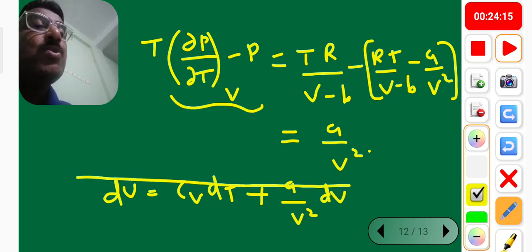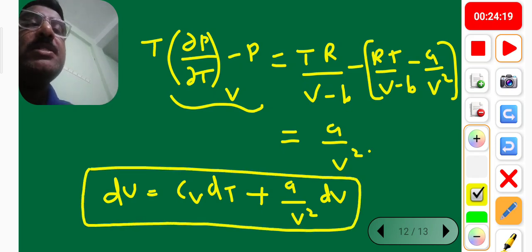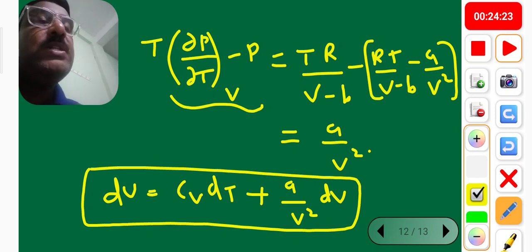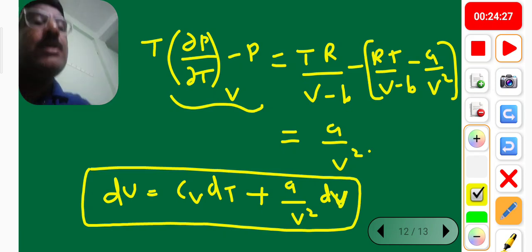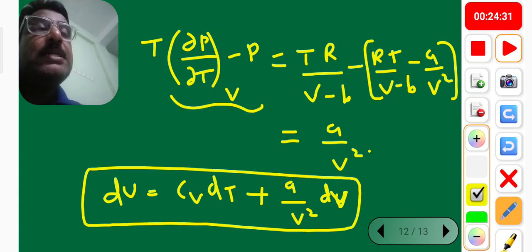So your du, that is the internal energy change, comes out to be Cv into dT plus a/V² into dV.